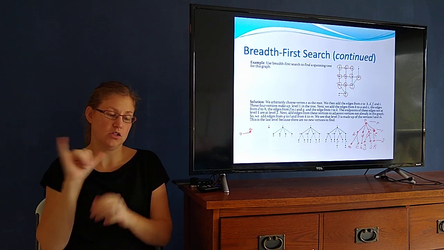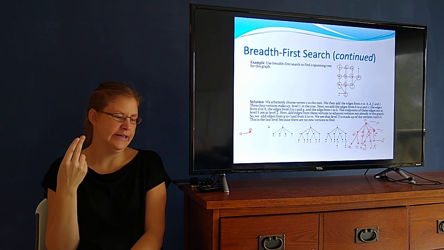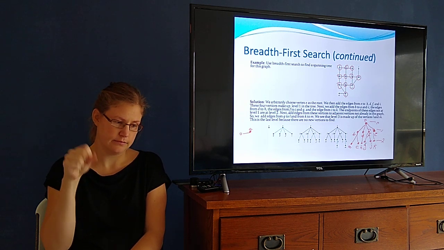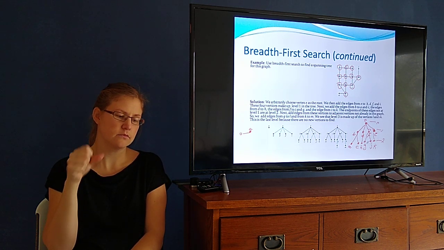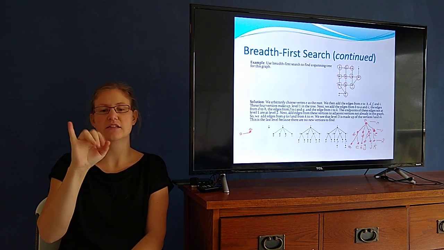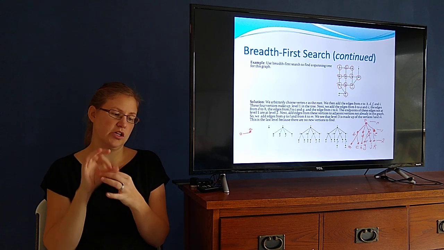Also C, H, nothing. Then G, there is only one incident edge, which connects G to L.